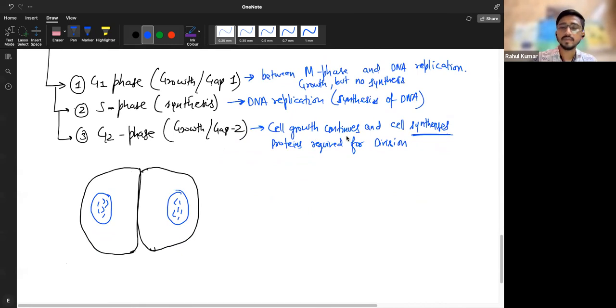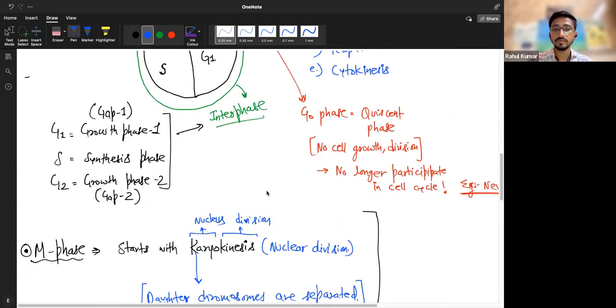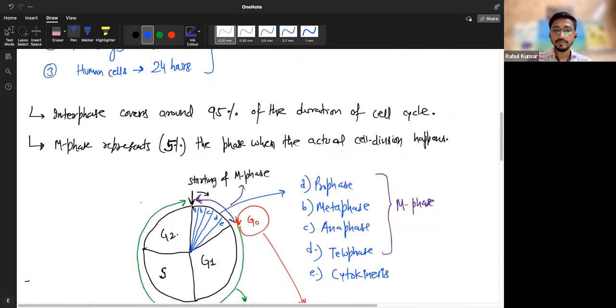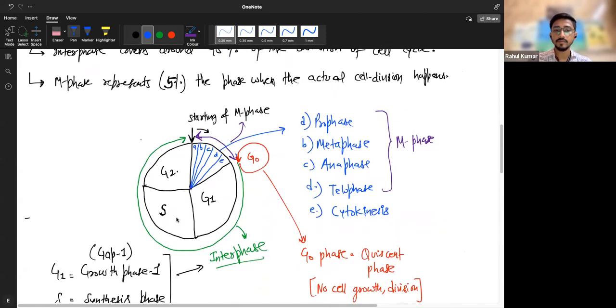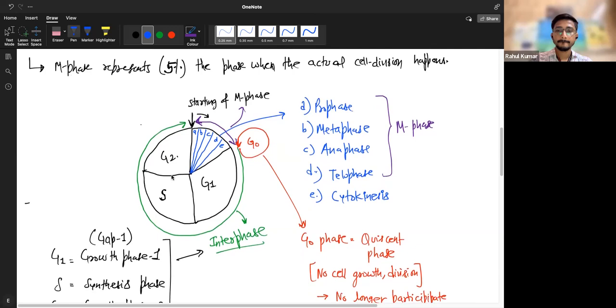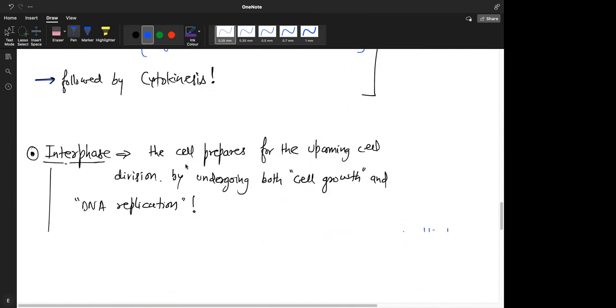In G2 also, the cell continues to grow and it also starts forming now proteins which are required for division. Okay, because now after the G2 phase, it will commit into the M phase, the starting point. Can you see this, everyone? Yes, sir. Okay.